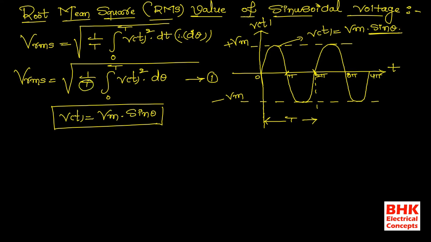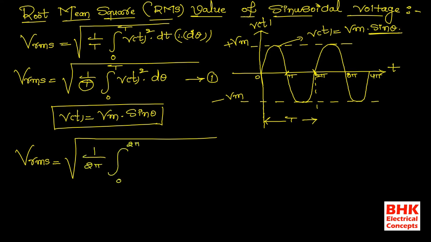Now substitute these two values in equation number 1 and simplify to get the RMS value of a sinusoidal voltage. Now VRMS is equal to the square root of 1 divided by 2 pi integral 0 to 2 pi Vm sine theta whole square into d theta.